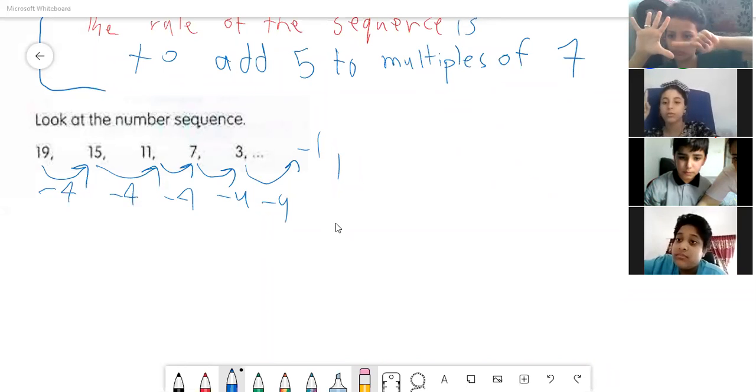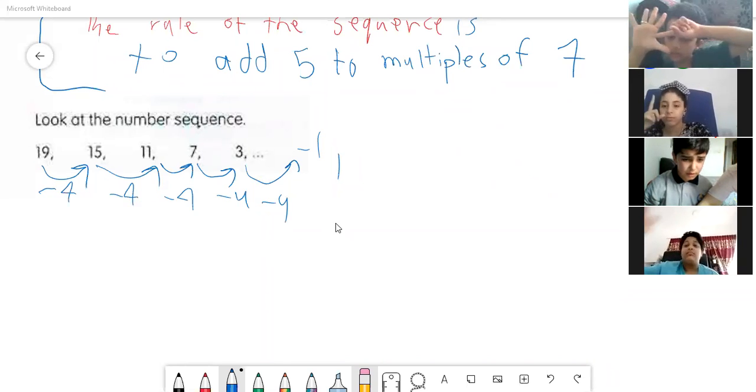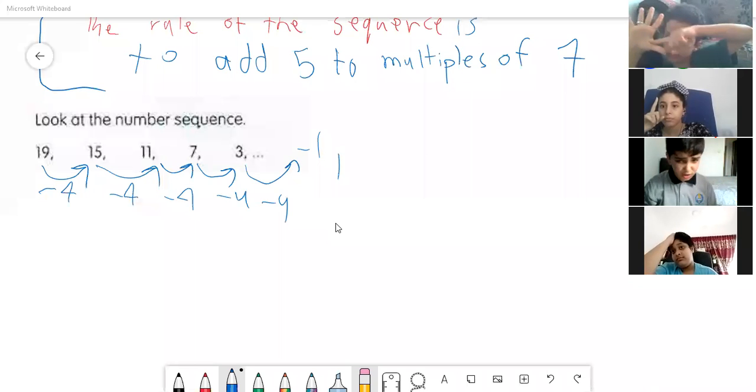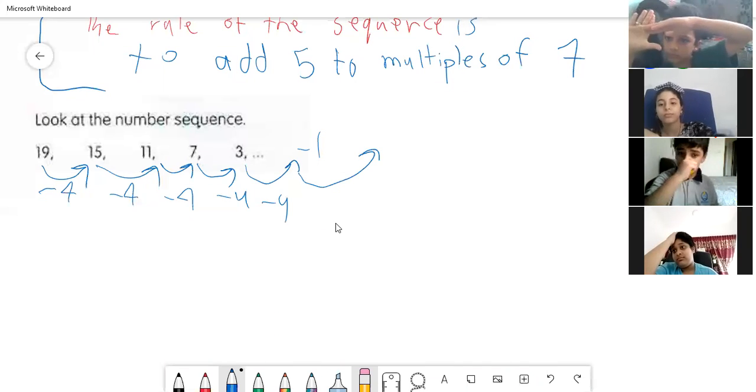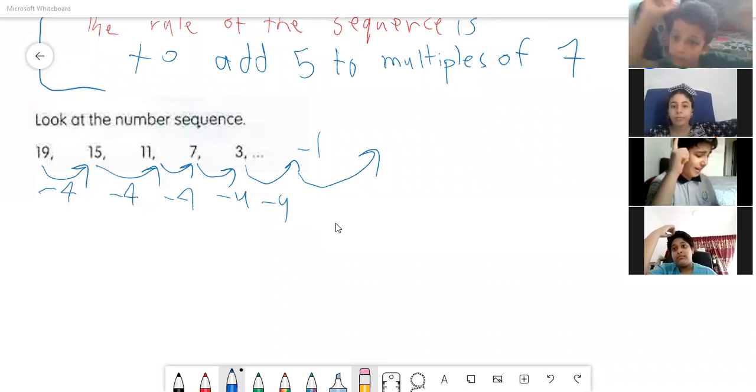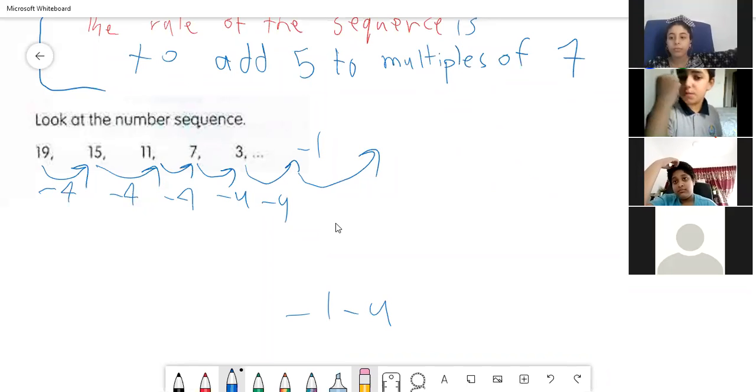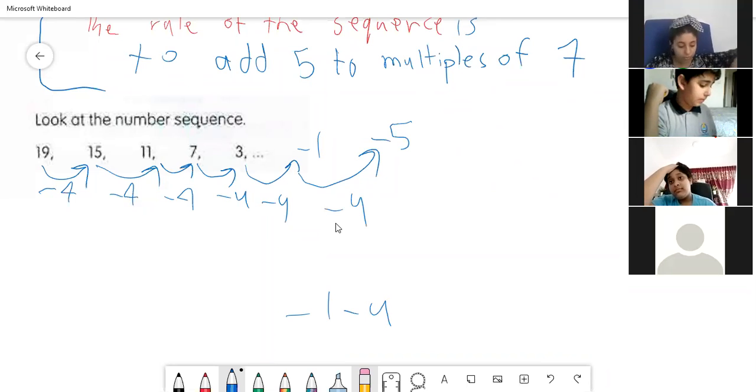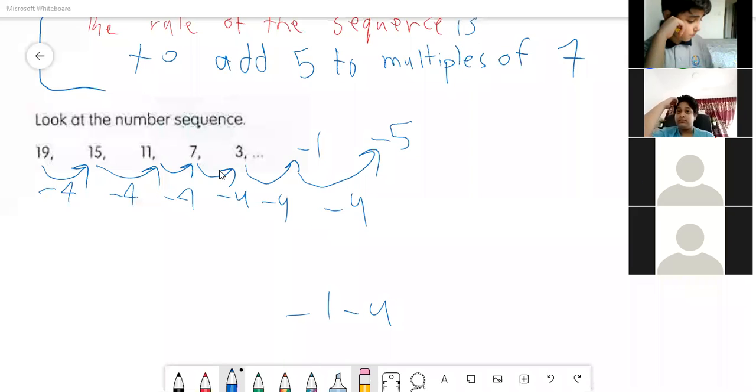Azraf? Teacher, it's gonna be -5. Is it -5? Yes, exactly. Why? Because -1 - 4 is -5, right? So if we continue the same sequence, we subtract 4 each time. Okay, thank you.